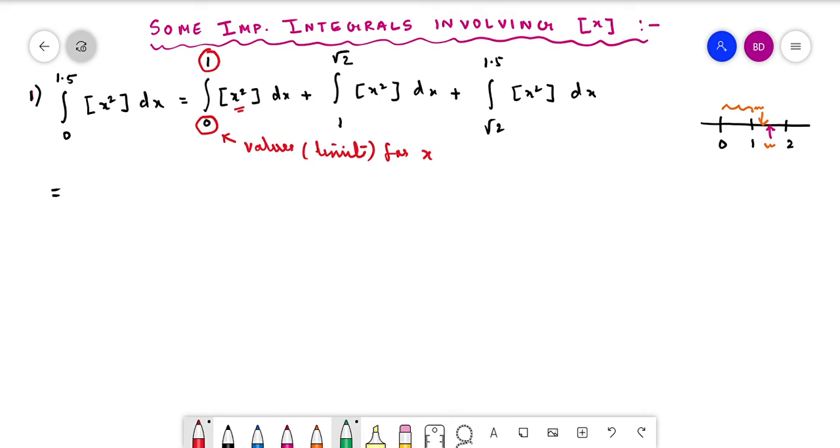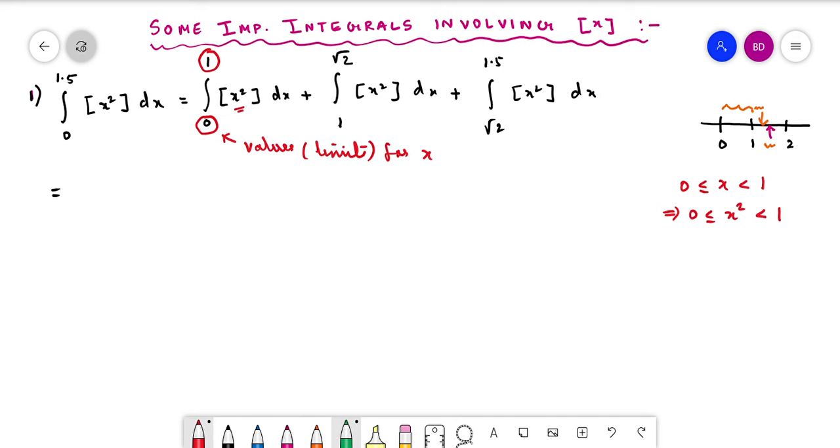So suppose I want to explain the first part. Here you see x lies between 0 and 1. So 0 less or equal to x less than 1. This will imply that x square will lie between 0 and 1, right?